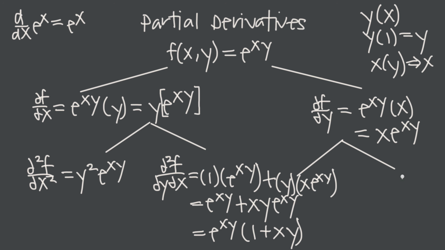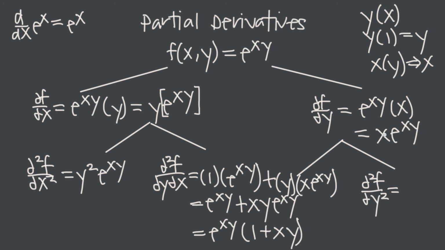So all we have left then is the second order partial derivative with respect to y. So that'll be the second order partial derivative with respect to y, which means we're differentiating xe to the xy with respect to y. And again, just like over here, in this case, we hold x as a constant. So this x out in front here gets treated like a constant. It can just be a constant coefficient. We don't have to use product rule or anything like that because we're not treating x like a variable.